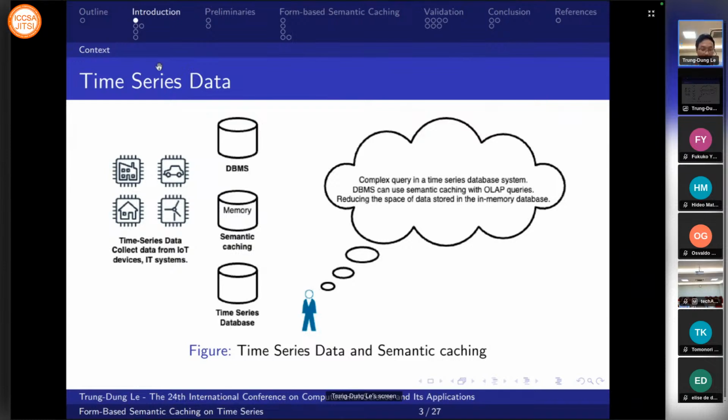So we always have the question about complex queries in time series data. The database management system can use semantic caching with OLAP queries.